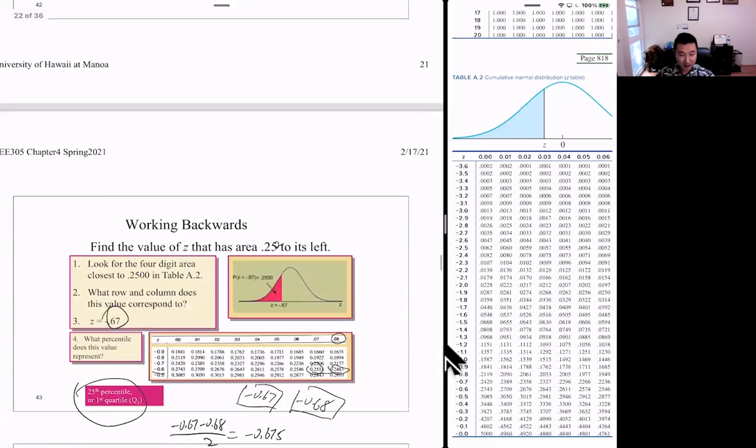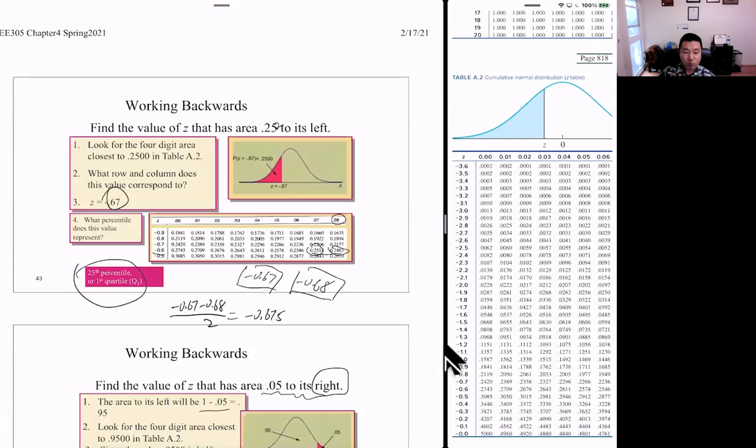We also discussed how to work backwards. Basically, if we know the probability, how can we find the z-value? If we know the probability, we just find the value closest to it, for example closest to 0.25. Sometimes we can take the average of two values, then we find the z-score.